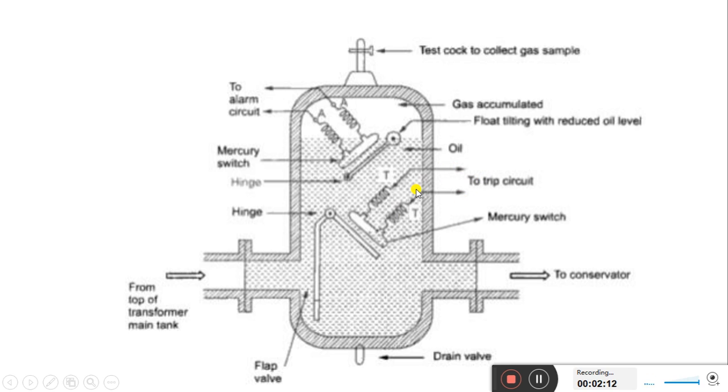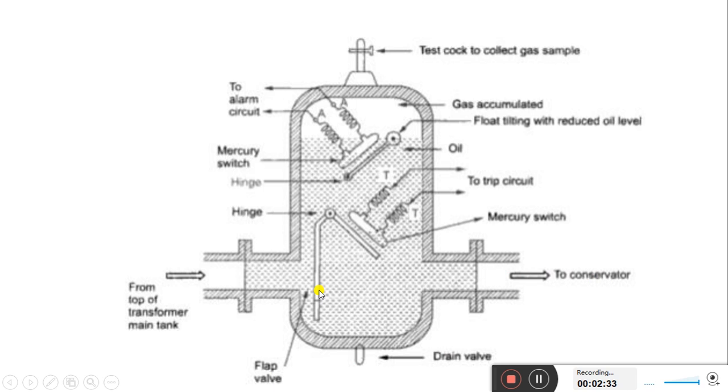At the bottom side, the oil is coming from the top of the transformer main tank, and from this side it is going toward the conservator. Now this is the drain valve used to drain the oil, and this is the flap valve.